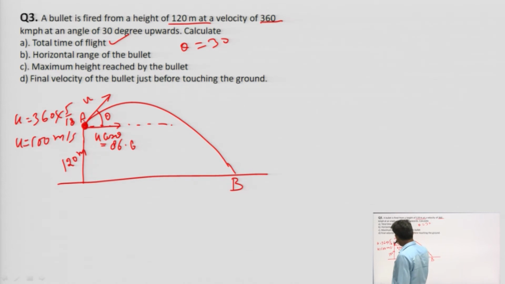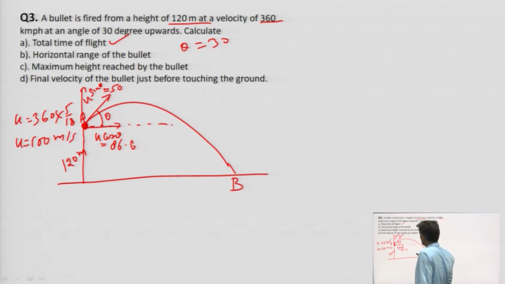And this one component is u sin theta, and since this is 30, it is 50. Okay. So, first of all we need to calculate the time.